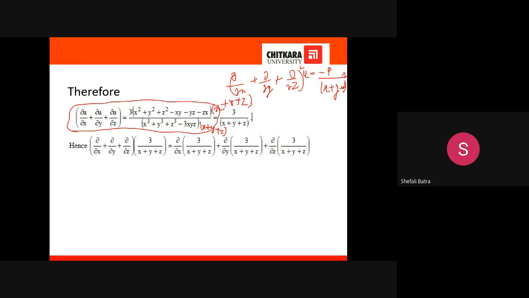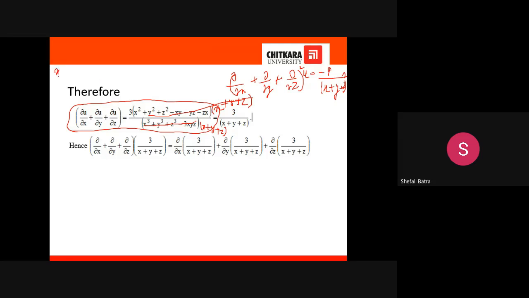So you did this multiplication as well as division. Now, when you multiply x square plus y square plus z square minus xy minus yz minus zx into x plus y plus z, that would be equal to this. So both would cancel out.